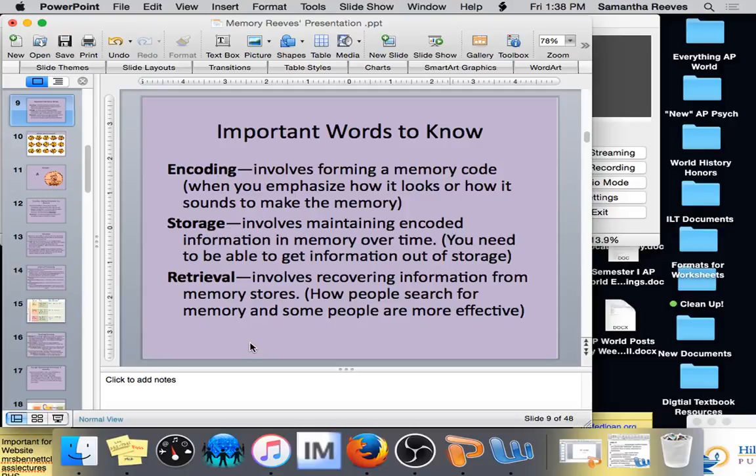Sensory input is images, sounds, emotions, sensations, whatever. It's all of your external sensations and all that stuff.